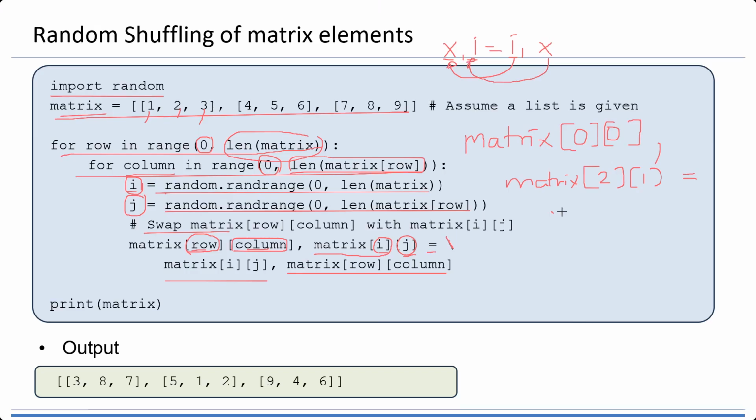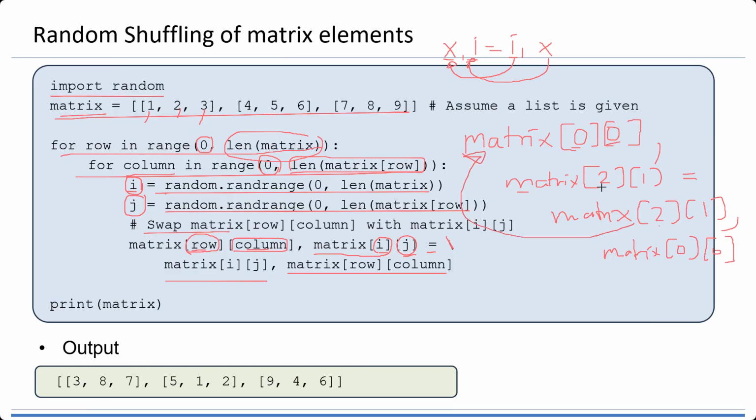So we have matrix, let's suppose we have 2, 1, comma, matrix 0, 0. Then the position of the matrix 0, 0 will now be updated with the value of matrix 2, 1. It will go to this position.